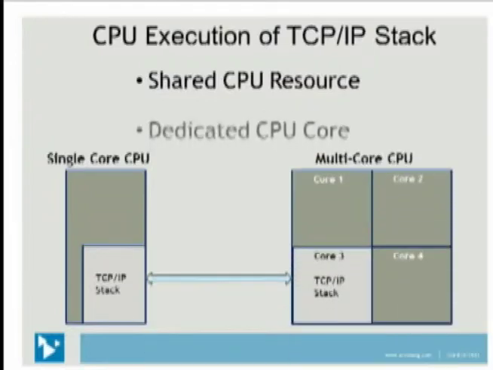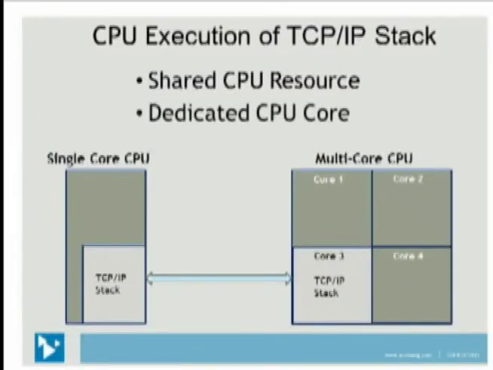Now, if you look at what computers have become, today we have a lot of multi-core CPUs, where you may have, for instance, a 4-core or even an 8 or a 12-core CPU. But let's look at a 4-core CPU, and let's dedicate one core, perhaps core 3, to driving the TCP IP stack. Now, all of the unused space here, the memory and the compute power, is available for your application.